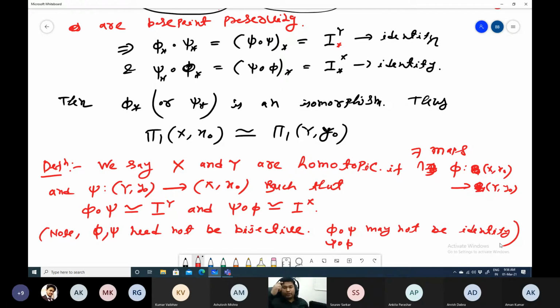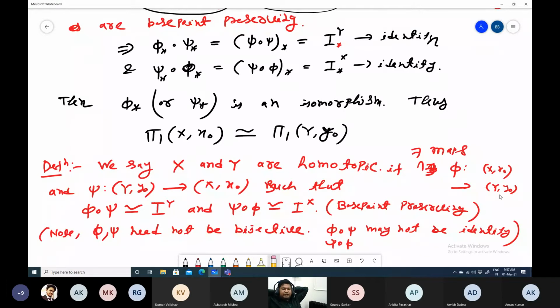They are only homotopic to identity. And for the time being, we write that this homotopy is base point preserving. That is the reason we mentioned here as well, (x, x0) to (y, y0).